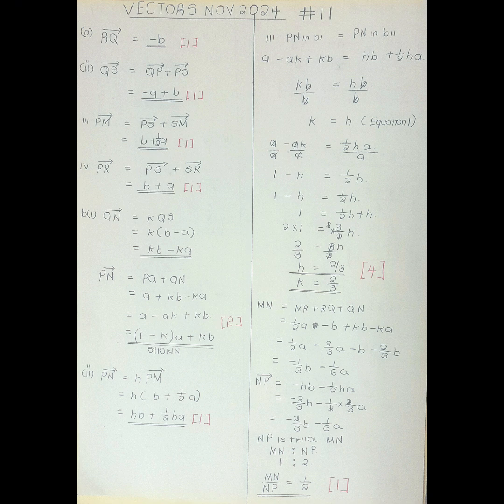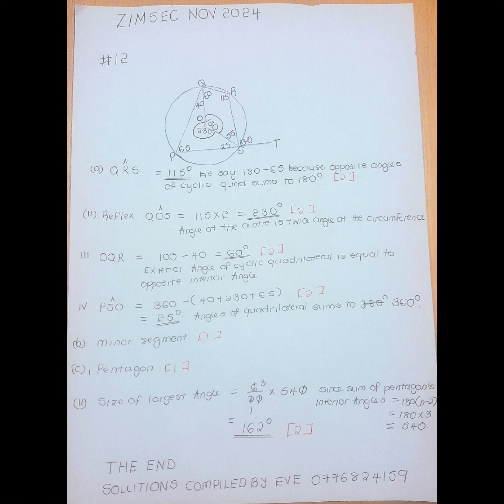And then let us now move on to the final question. It was a question on circle geometry. To find QRS, we say 180 minus 65, we get 115, because opposite angles of a cyclic quadrilateral sum to 180. And then reflex QOC, we get 230, because the angle at the center is twice the angle at the circumference.